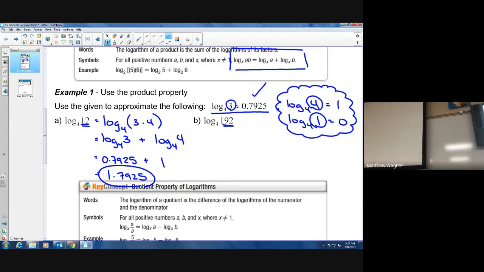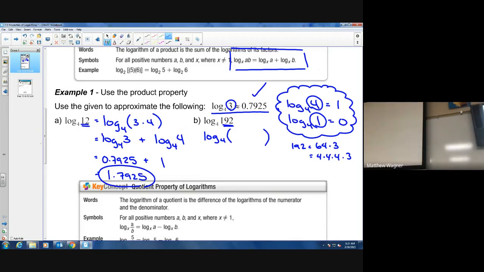Okay. Let's do the same thing on the next question. So I am trying to come up with a product of numbers that gives me 192. 192 is 64 times 3, which is 4 times 4 times 4 times 3, correct? Keep in mind our products don't just have to be 2 numbers, they can be multiple numbers.